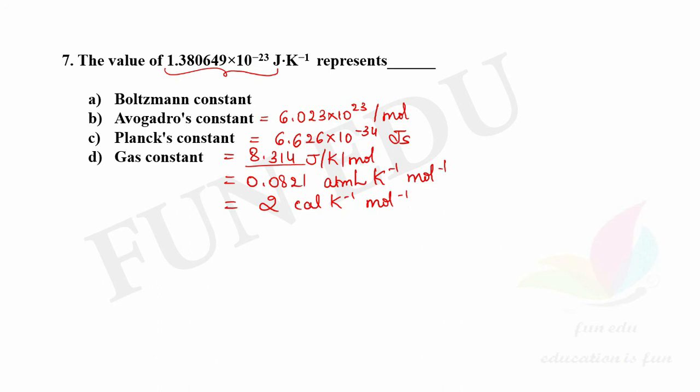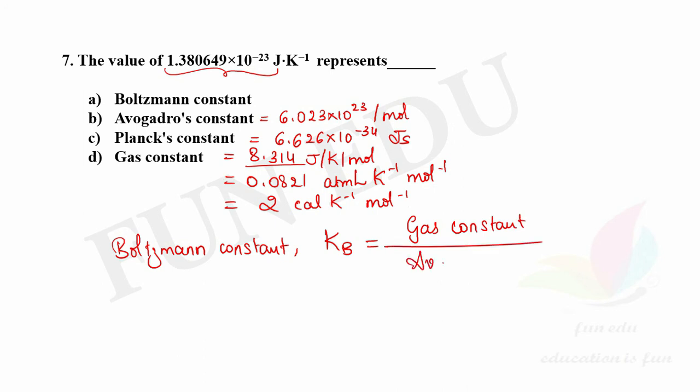So what is Boltzmann constant? We know that Boltzmann constant can be written as Kb is equal to the ratio of gas constant to Avogadro number.